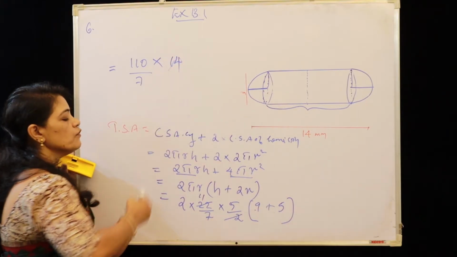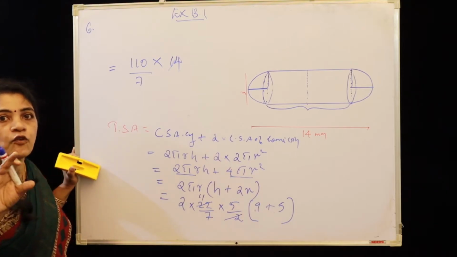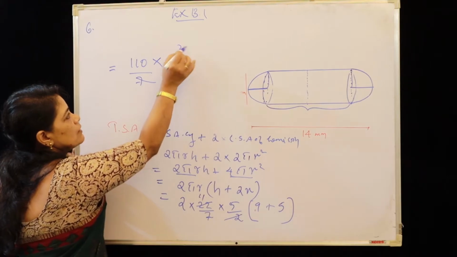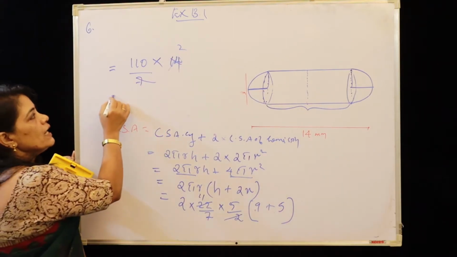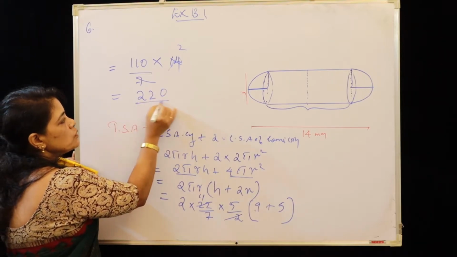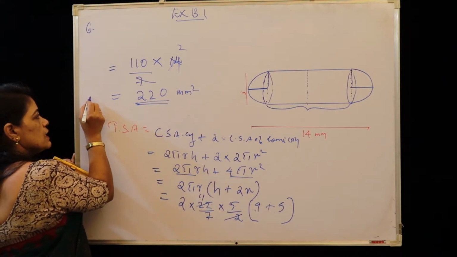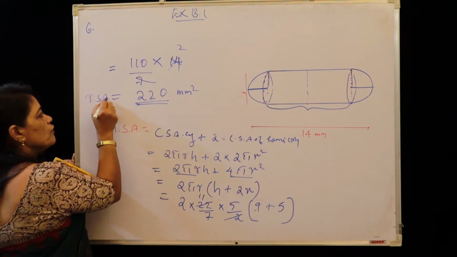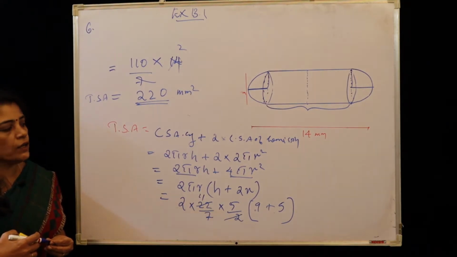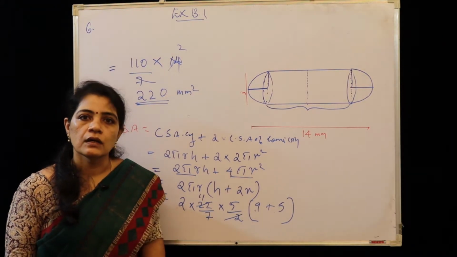That means 9 plus 5, the sum is 14. So this 7 and 14 get cancelled 2 times. So 11 into 22, 220 mm square is the surface area or TSA of the capsule. Hope this calculation is clear, children. You can take 2 pi r common, then you can reduce, that will give you the answer.